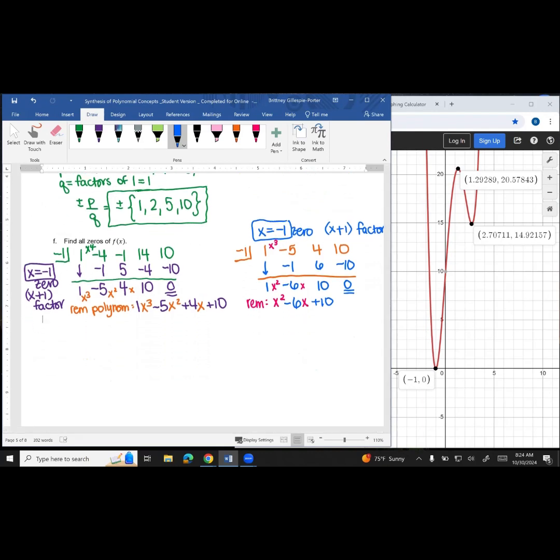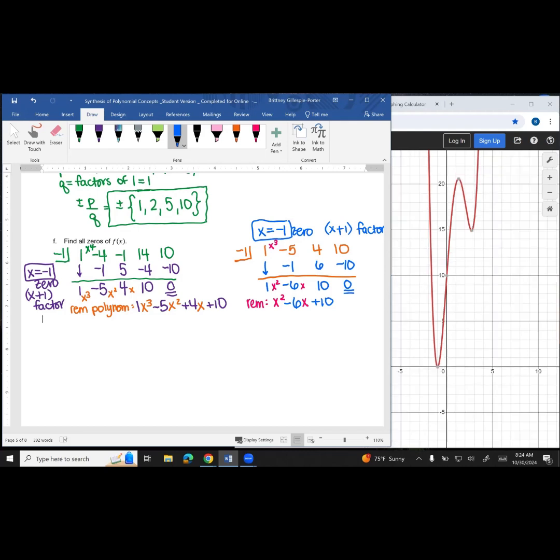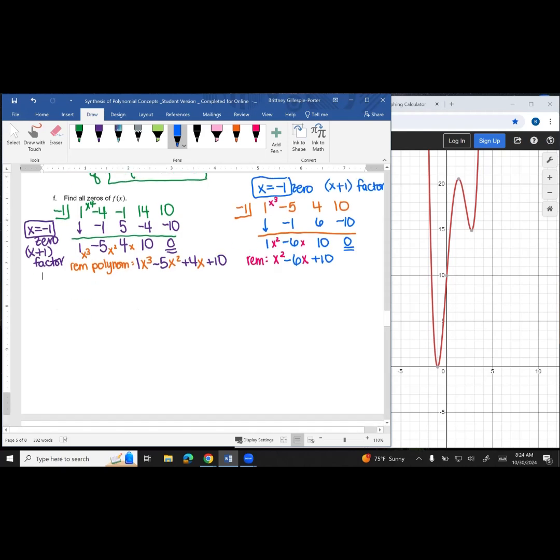Notice that we do not cross or touch the x-axis anywhere other than -1, which means our remaining 2 zeros are going to be imaginary. And because they are imaginary, we are going to use the quadratic formula to solve our new remainder polynomial.